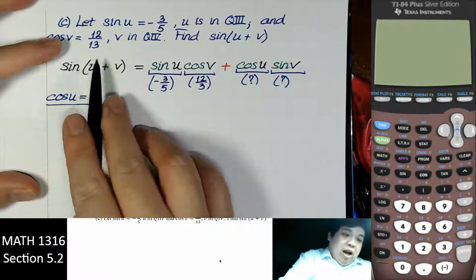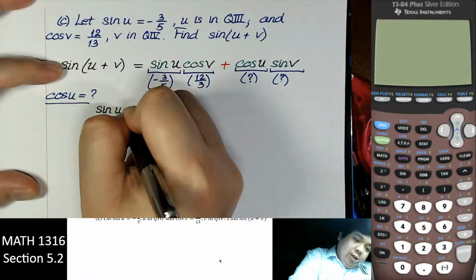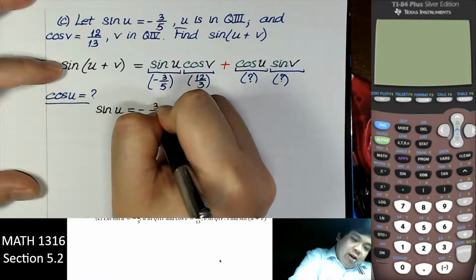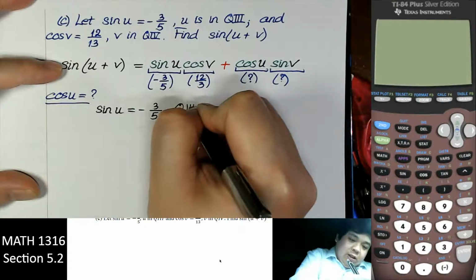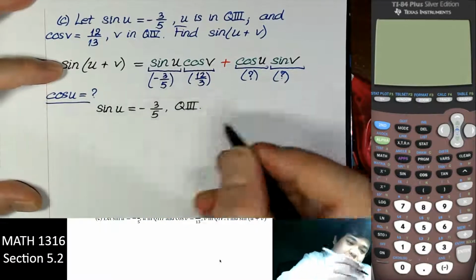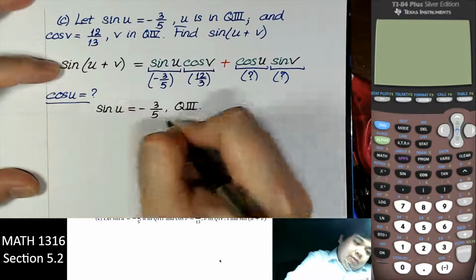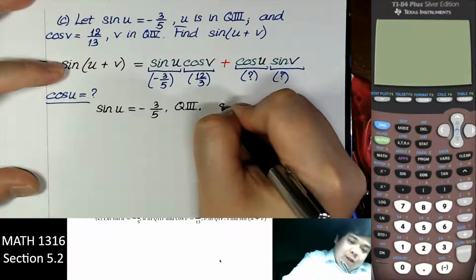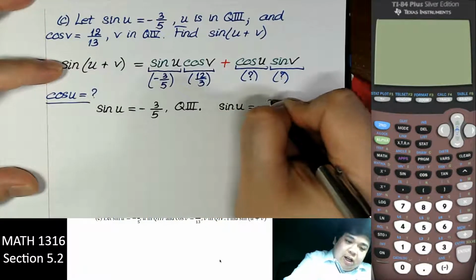In that case, we write out the information for u. Sine of u is equal to negative 3 over 5 in quadrant 3. Right, so we draw a triangle. Sine of u is negative 3 over 5.